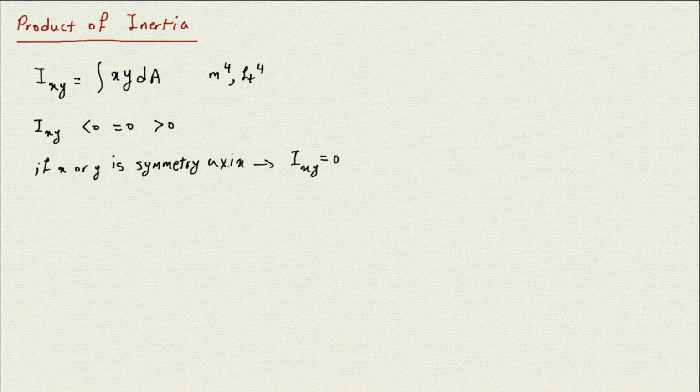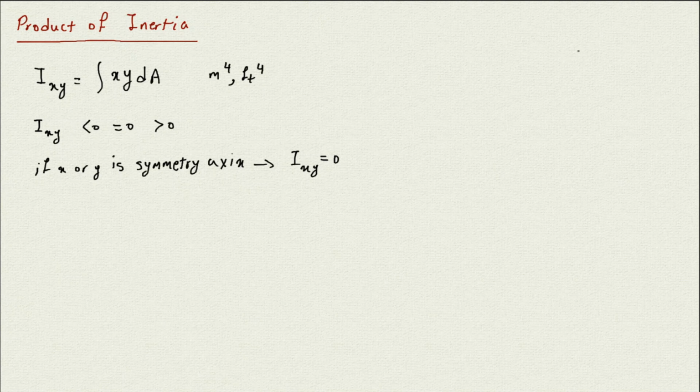In other words, when you want to calculate the Ixy, if the cross section has symmetry about x, or about y, or about both of them, you don't need to do any calculation. It is straightforward: it is 0.